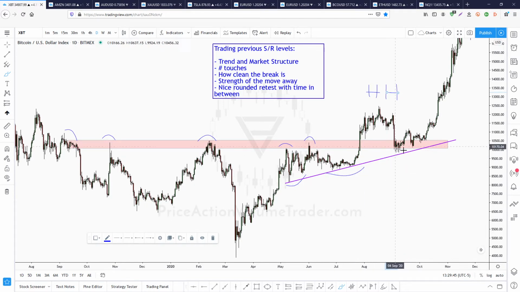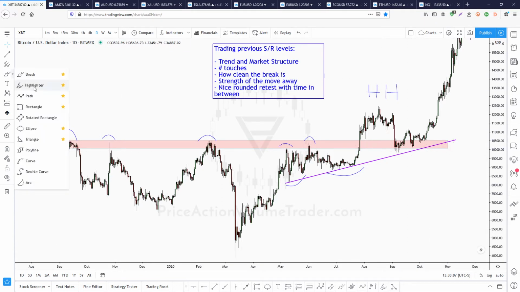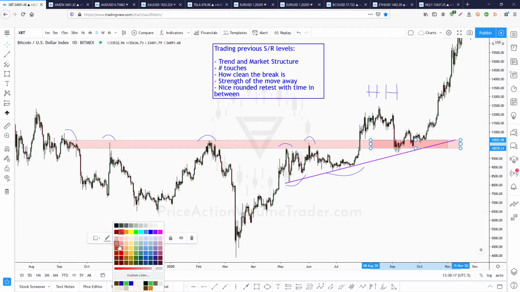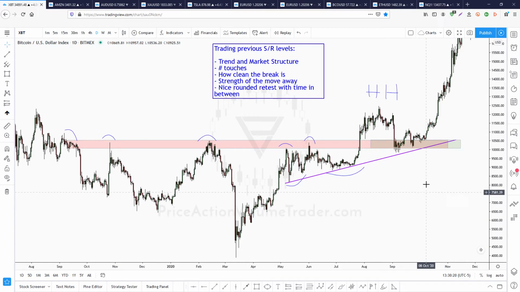So what do we expect right now? Well, we expect a pullback into this broken resistance, and we have trend and structure to the upside. So we expect this level to hold. So now let's come here and make this green now, because once we break it, we are looking to play the opposite.